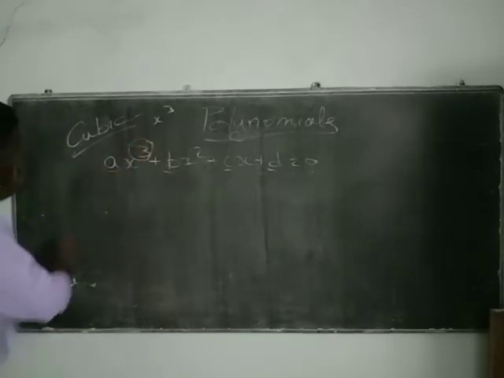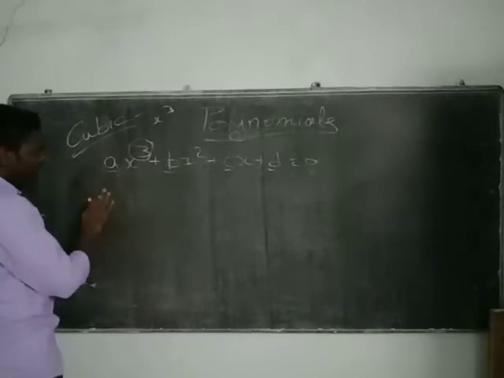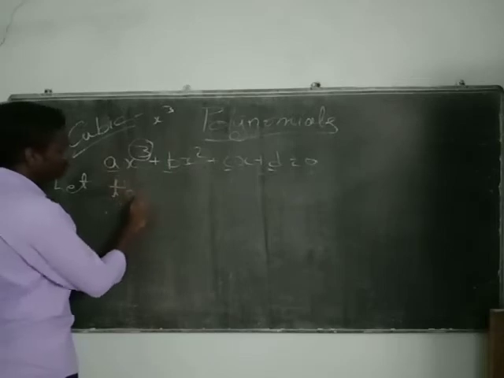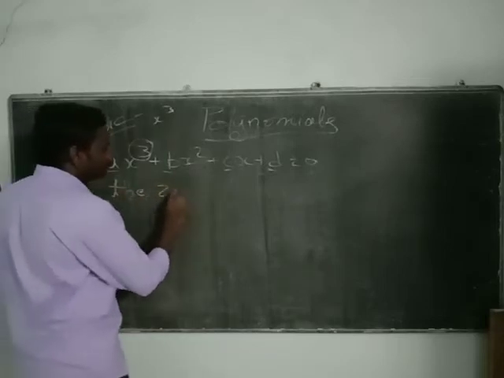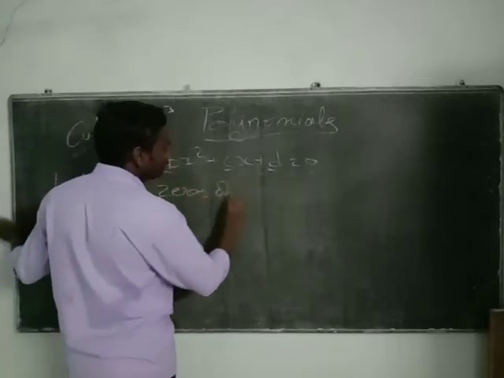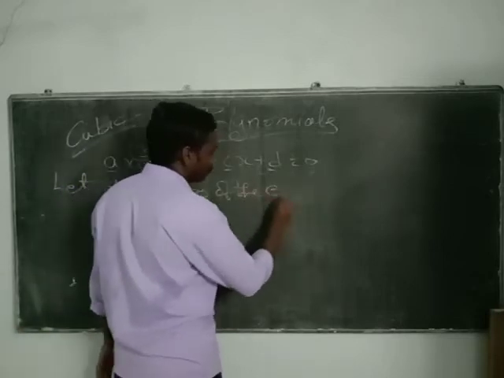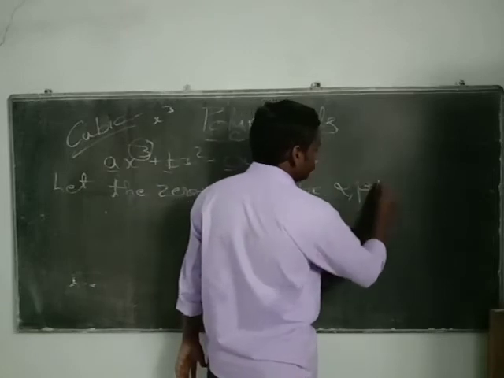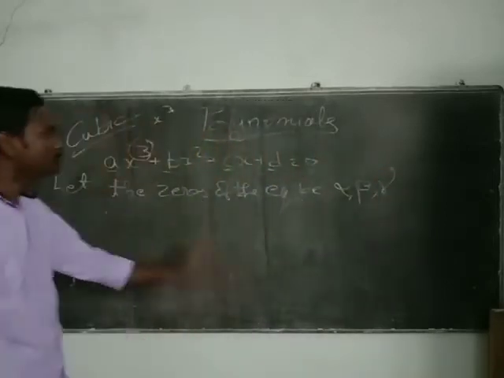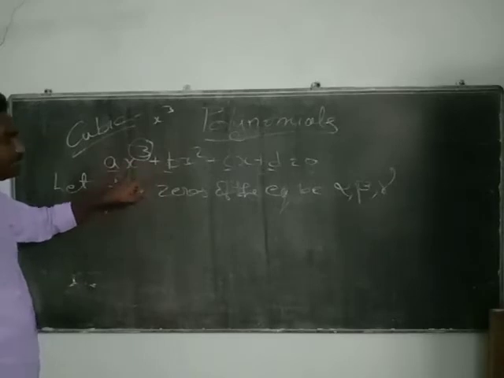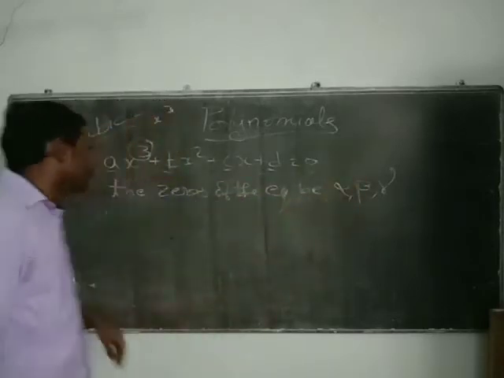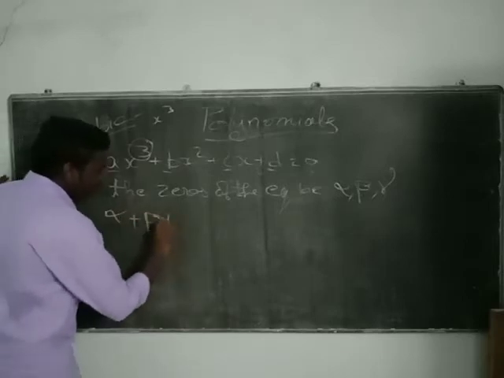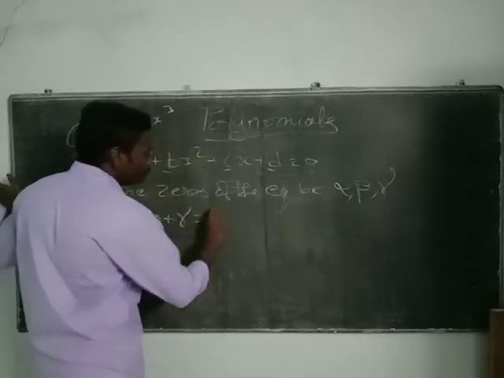Now, the sum of roots for this. Let me assume the roots or the zeros of the equation be alpha, beta, gamma. I am assuming the answers for this x are alpha, beta, gamma. Then alpha plus beta plus gamma, nothing but sum of roots, is equal to minus b by a.